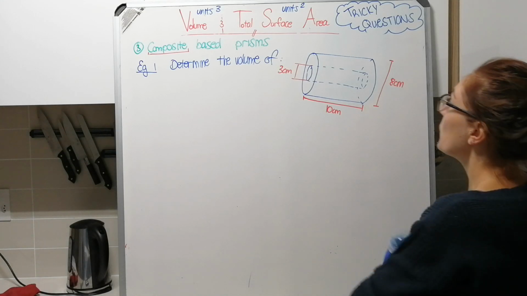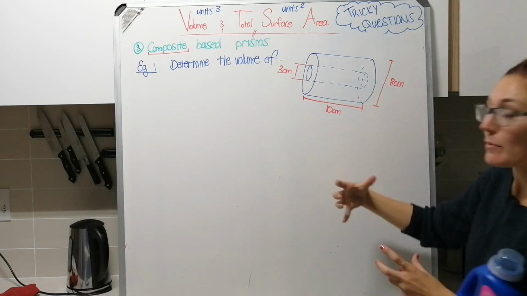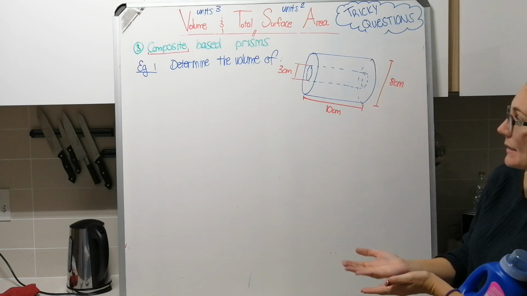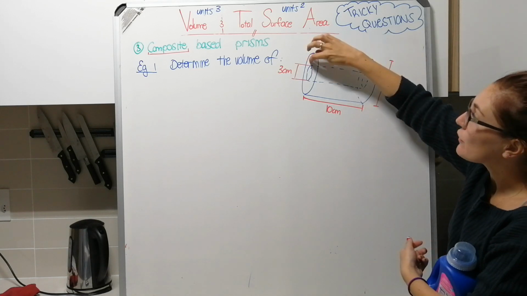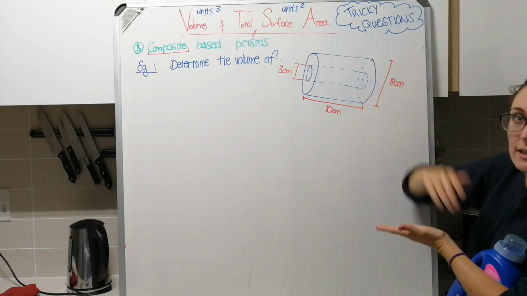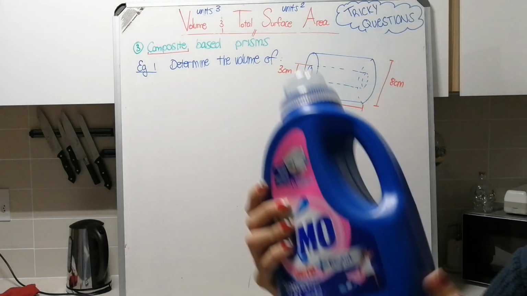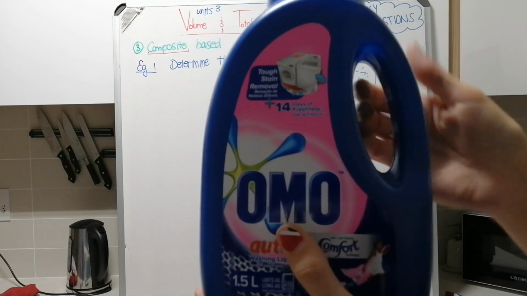When I talk about the volume of this shape, I'm talking about the volume of this shape within its walls. It's got outside walls around the outside, and then it's got another inside wall. So I want to know what can fit between the outside and the inside walls. I know it's not a great example, but this Omo bottle has a hole here in the middle, the handle.